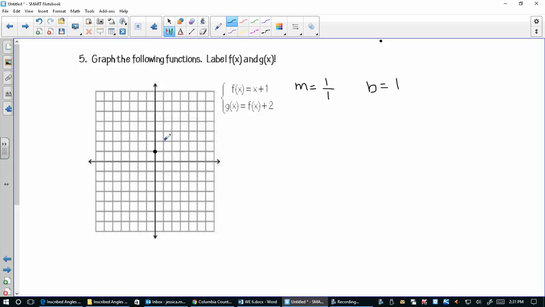So up 1, over 1, and then just connect your points. So that's all we need to do for f of x. Don't forget to label it.